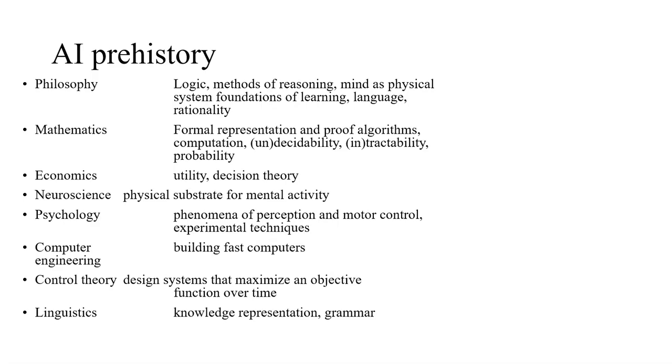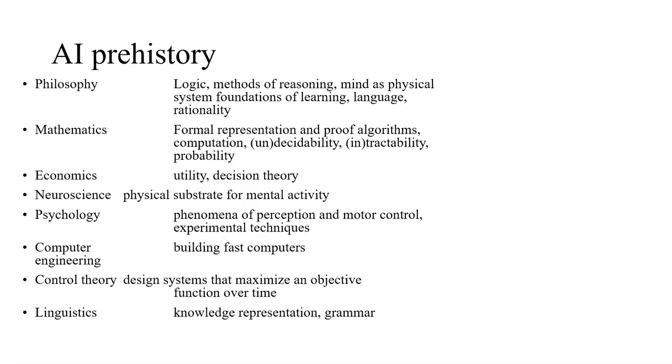So if you look at the AI history, first of all, decades ago, philosophy was introduced, which includes logic, methods of reasoning, mind as a physical system, foundations of learning, language and rationality.